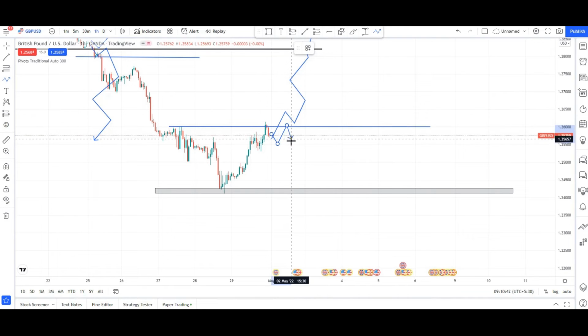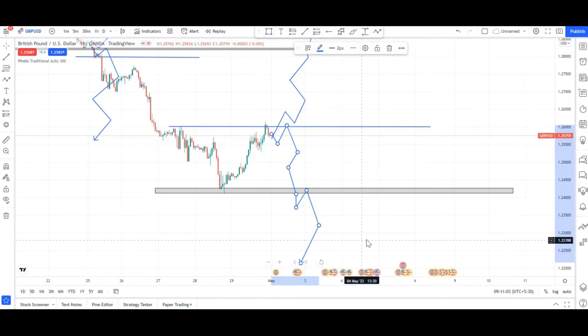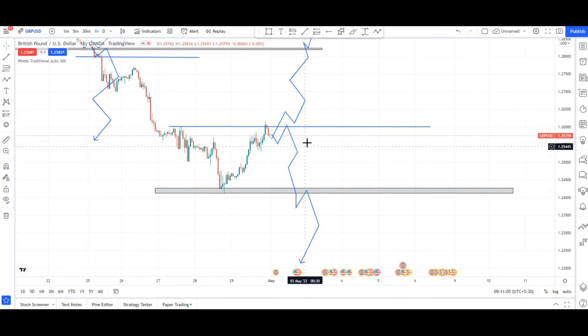If once again it takes resistance or makes an M pattern and crosses this, then your first target will be exactly here, second, third, or it may consolidate the whole week only. Otherwise if it breaks here, you can go for fourth and fifth target too. Otherwise it will continuously go on in a consolidation phase and consolidate here only.